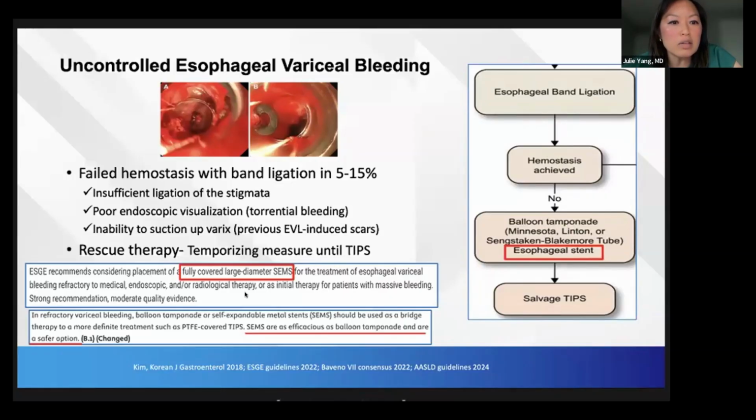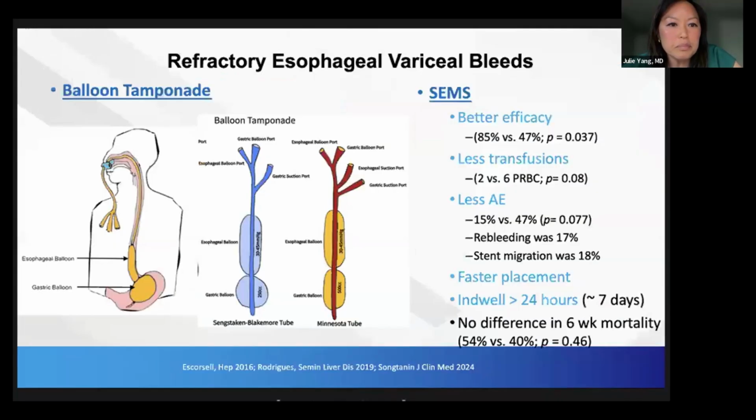The ACG guidelines also recommend fully covered stents as an option for this rescue bleeding. And the Baveno consensus in 2022 goes another step further and says SEMS are as efficacious as balloon tamponade and are a safer option.